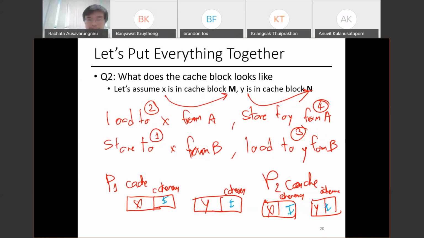What is the first operation that I see, and who does that? Store to X from B. This is B, this is A. B stores to X. So what do I do here? What has to change? Originally it is invalid. If I have a store to an invalid cache block, what do I change to?